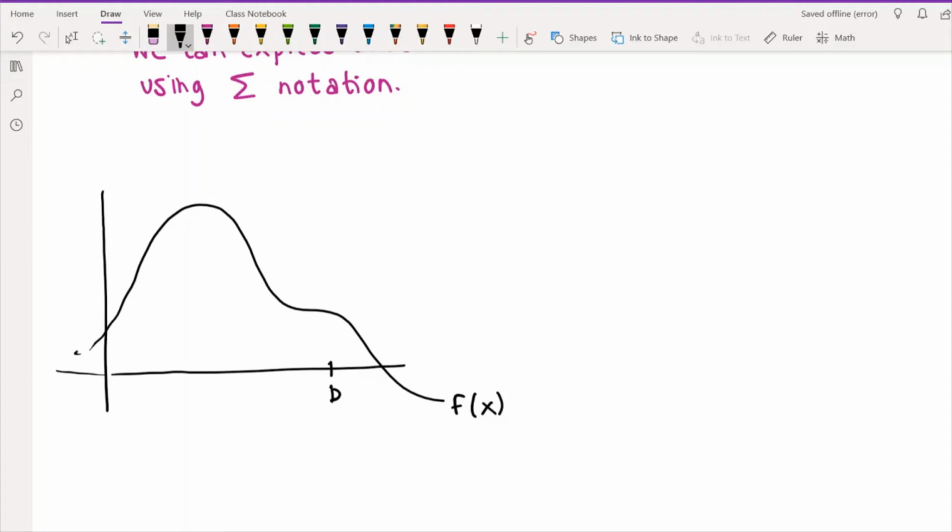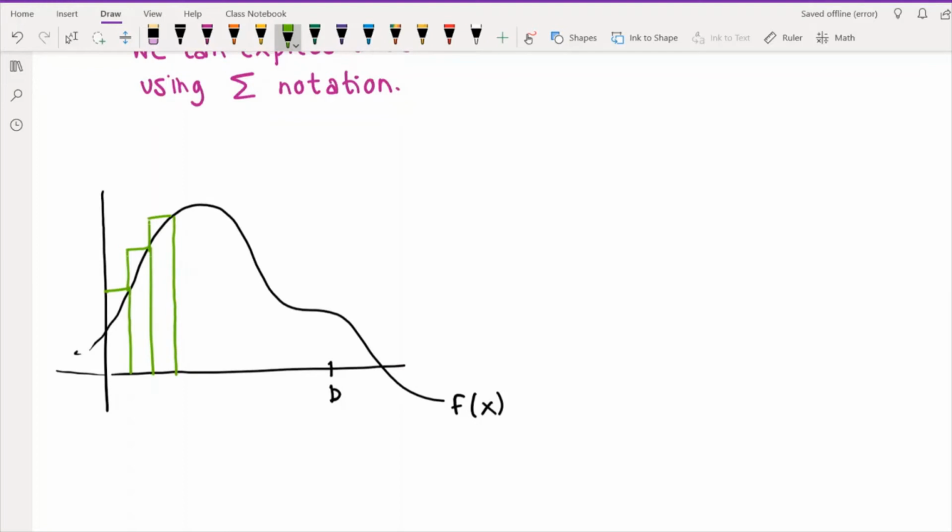So how can we approximate this area? Well, we saw that we can use rectangles, right? I'm not going to be very exact here. I'm just going to draw in some sample rectangles. I'm just going to draw a few and then do a dot, dot, dot. So we'd have one rectangle here, maybe another one here, another one here.